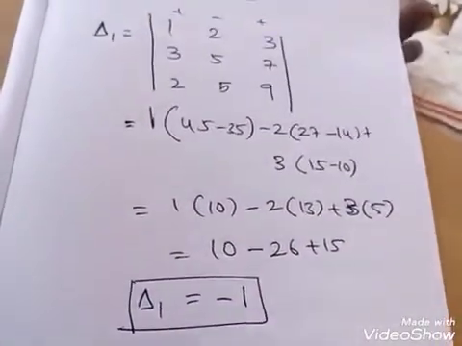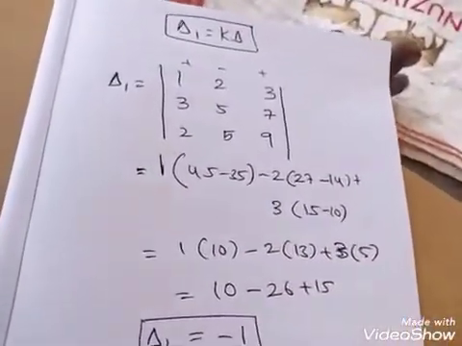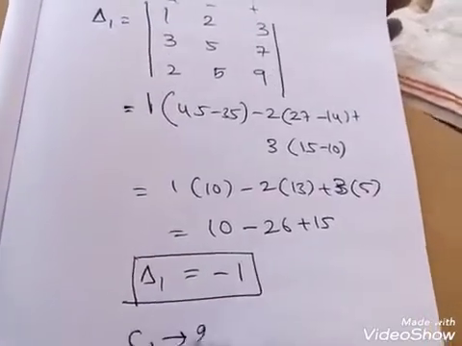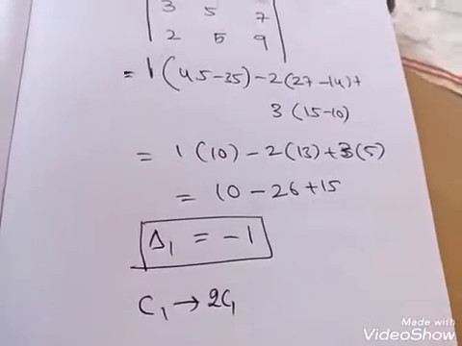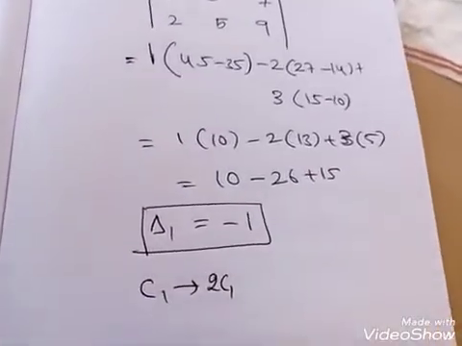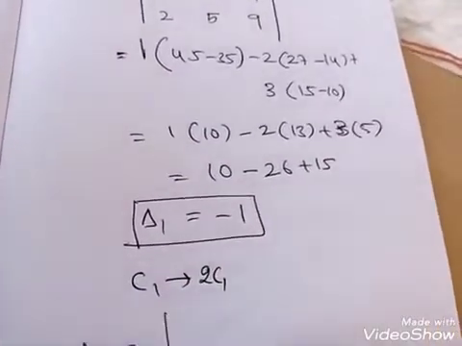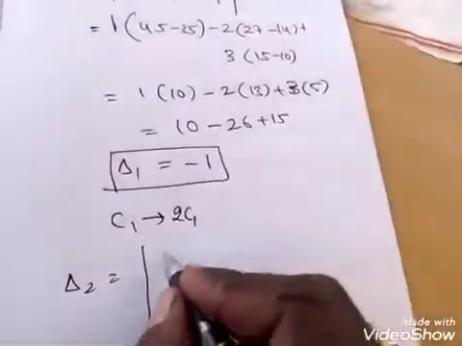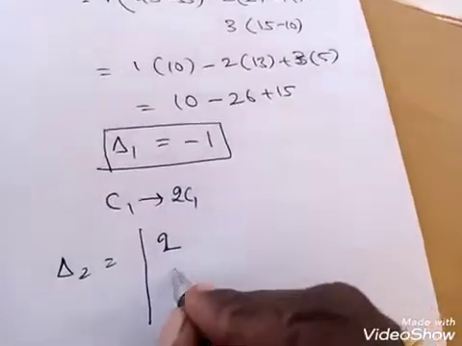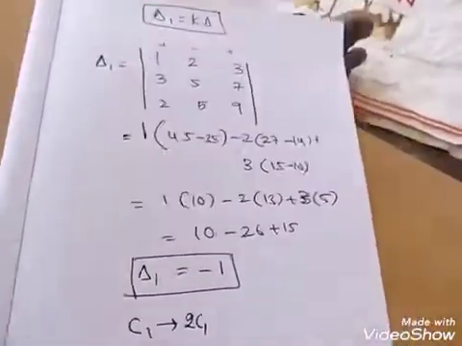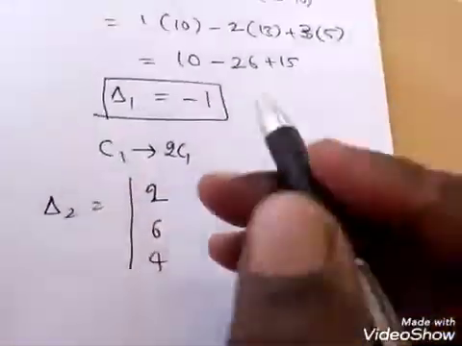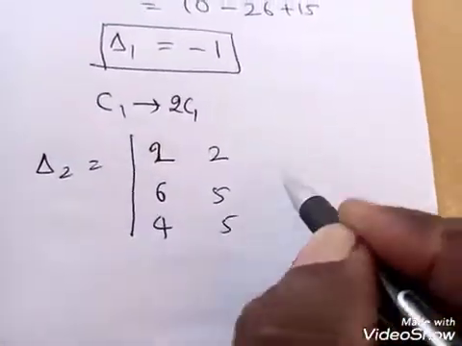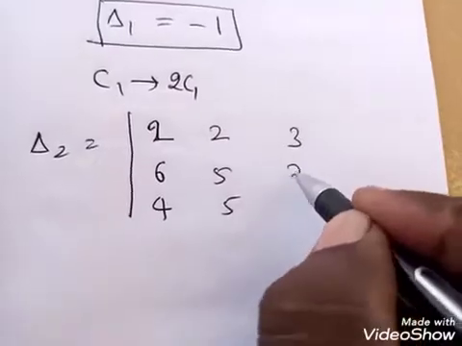Now I am going for an operation on delta 1: C1 gives rise to 2C1. Call this delta 2. The first column, instead of 1, 3, 2, becomes 2, 6, 4, and the remaining two columns are as they are: 2, 5, 5 and 3, 7, 9.